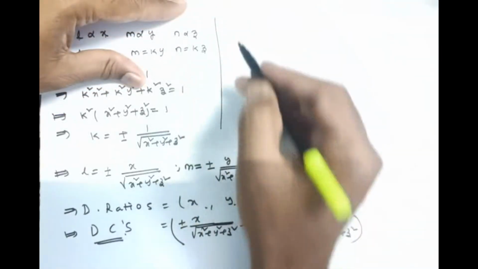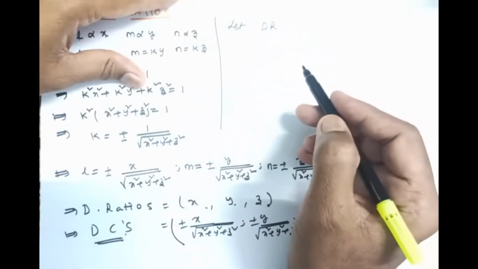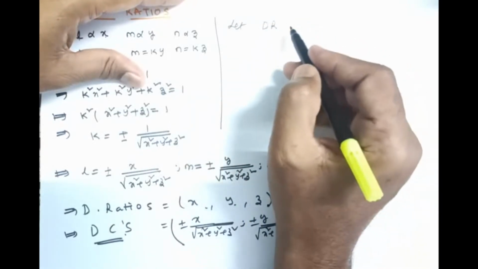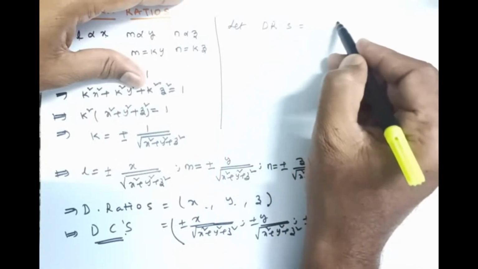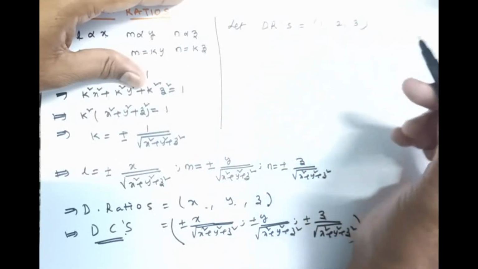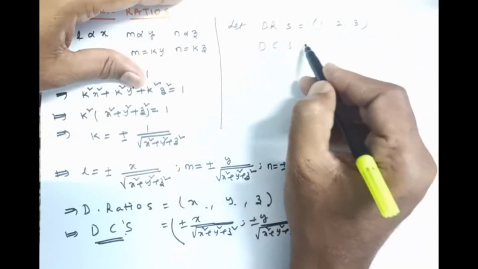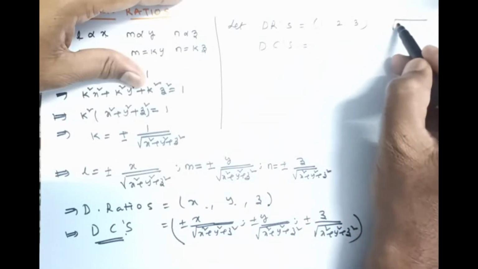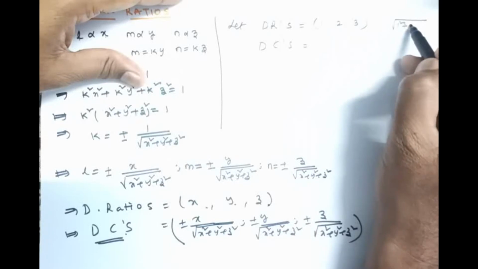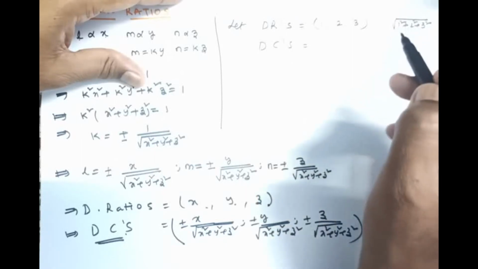Example: let the direction ratios be, suppose, 1, 2, 3. To convert into the DCs, we have to divide with its magnitude. What should be its magnitude? It will be 1 square plus 2 square plus 3 square, that is 1 plus 4 plus 9, which is 14.